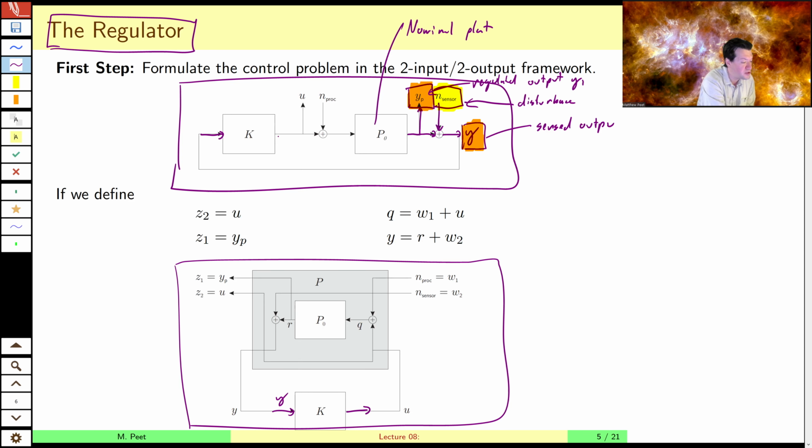The output from the controller is our actuator signal, the electrical signal that goes to our actuator and somehow affects the dynamics of the plant. This is U. Notice that we branch off U in two directions, so I'm going to discuss the first branch first.